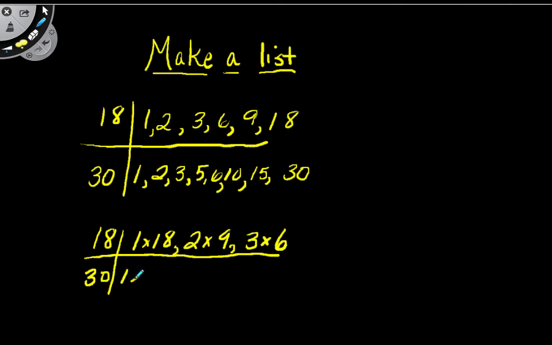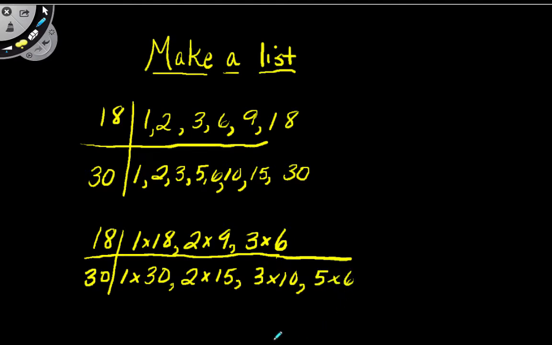And then we have our 1 times 30, 2 times 15, 3 times 10, and finally we have our 5 times 6. So either way works. You can do whatever way makes sense to you, because as you're going to see, we're still going to get the same answer.